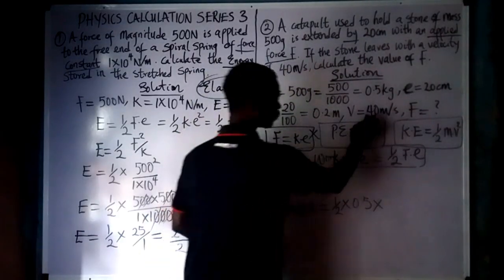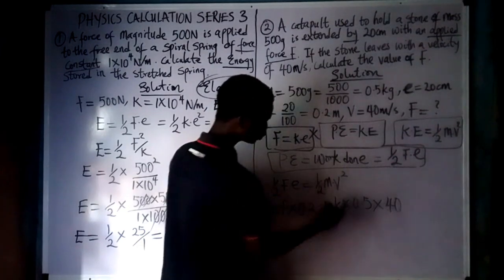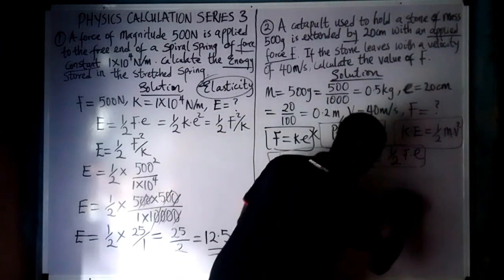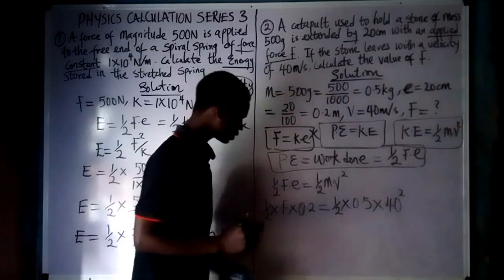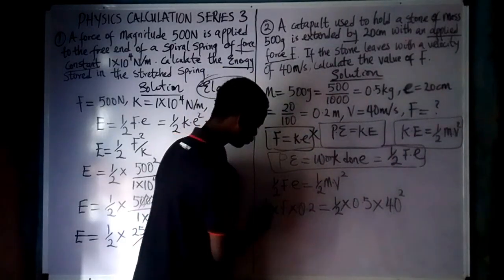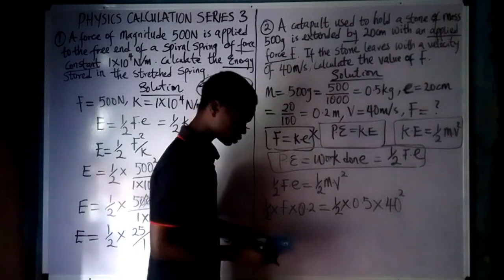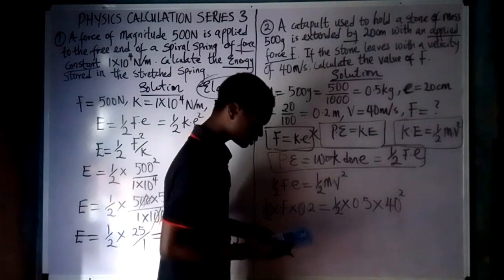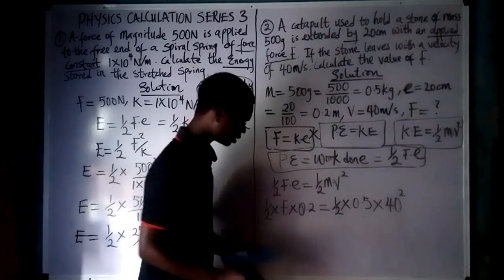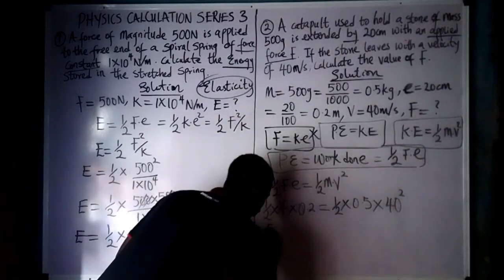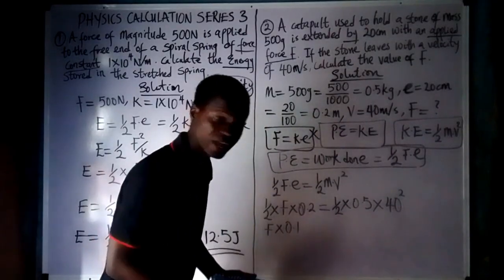Our velocity is 40. So come here and write 40. But do we stop there? They say we should square the velocity, so raised to power 2. Hope you are seeing that. So from here, what will happen? 1/2 times 0.2 gives us 0.1. So in place of this, we now say force times 0.1. Mind you, we are trying to simplify everything.